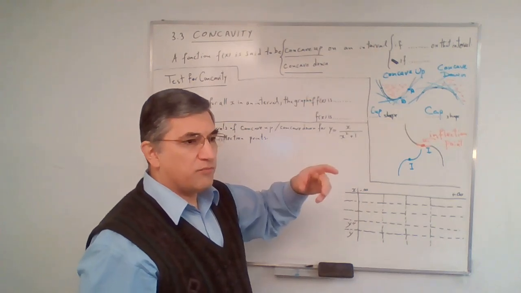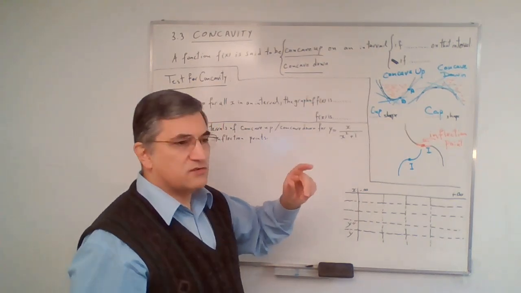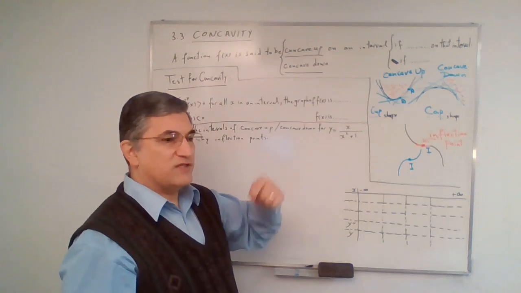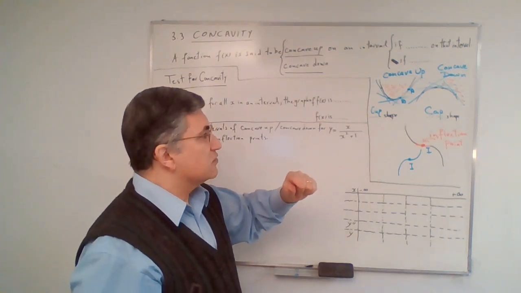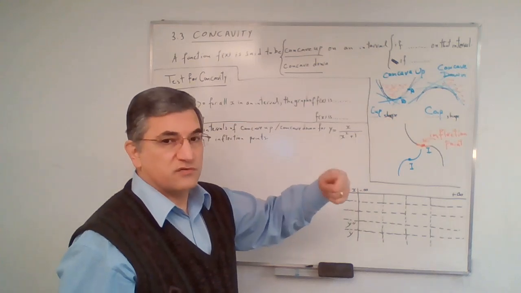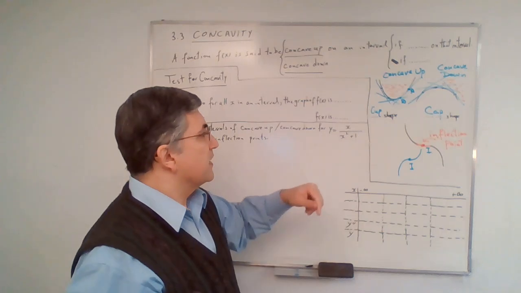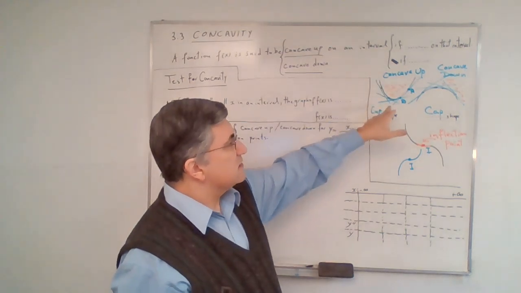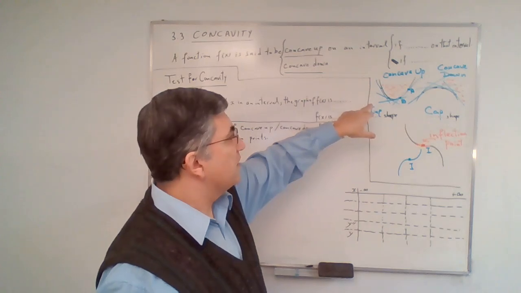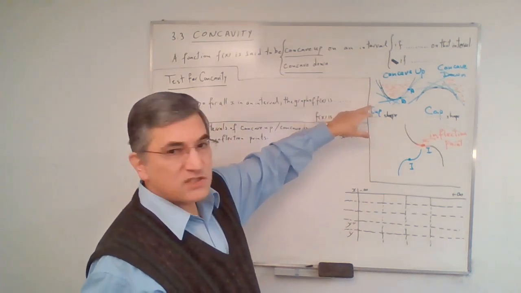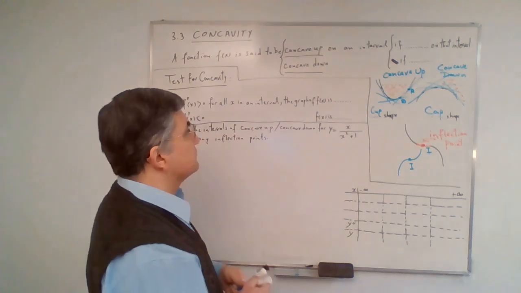And the slope is related to the first derivative. And when we talk about rate of change of slope, it means we're talking about the derivative of the derivative, in other words, the second derivative. So we can say that in graphs that are concave up, the second derivative is positive.